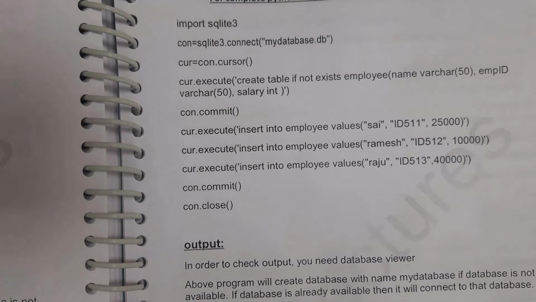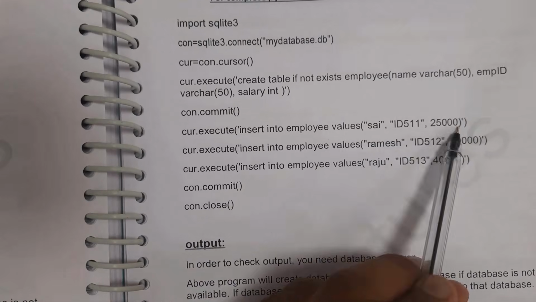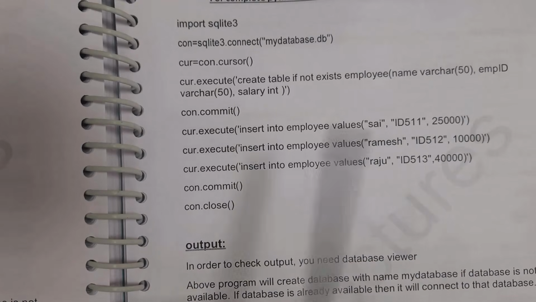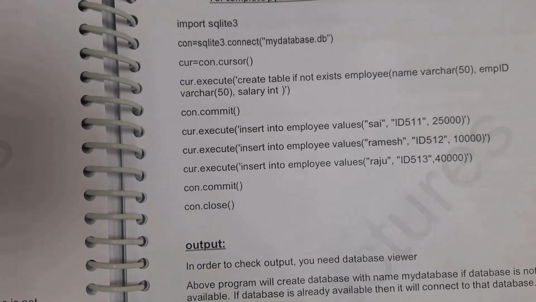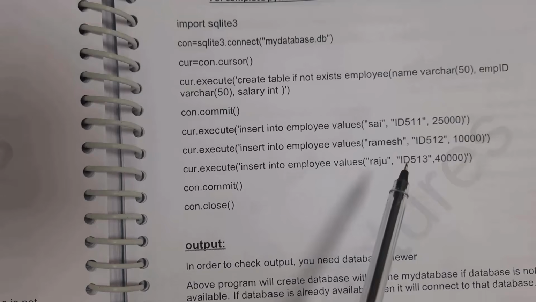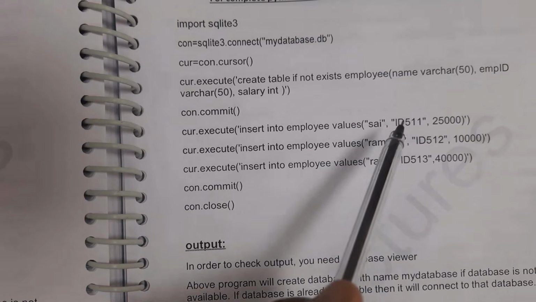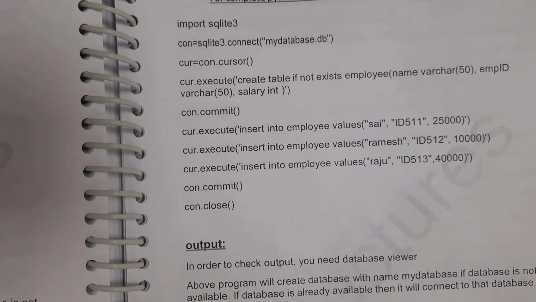I want to give salary like 25,000. So just write 25000 and close this bracket, and similarly close this quotation and close the execute method. Similarly, I want to insert some more values like Ramesh ID 512 and 10,000, Raju ID 513 and 40,000. After inserting these three values, we need to commit this operation. So just write connection.commit, that is con.commit.